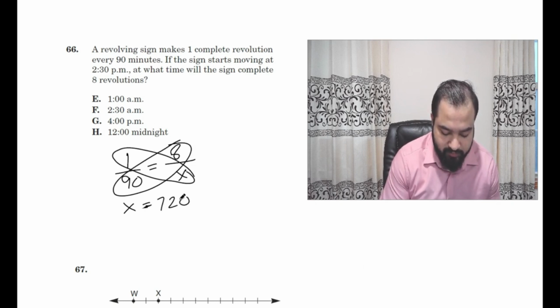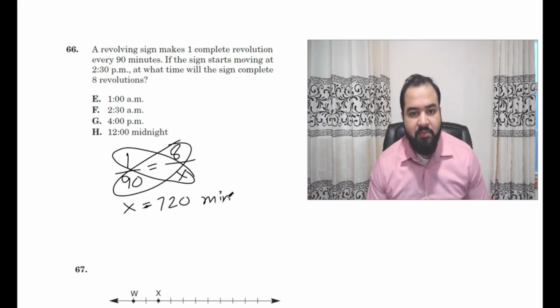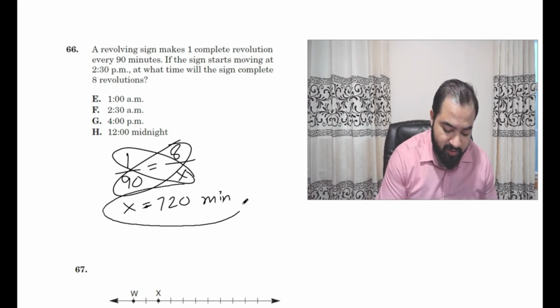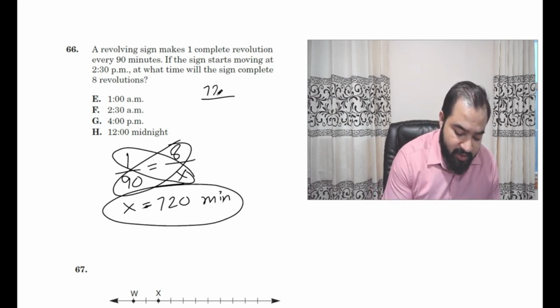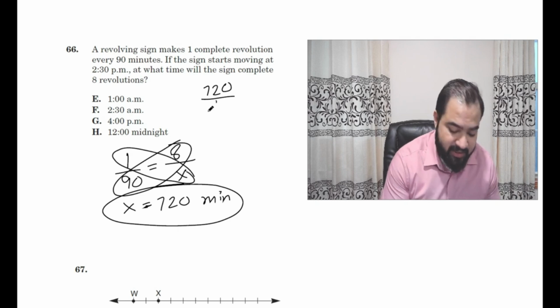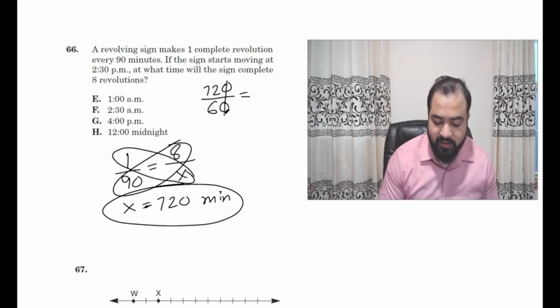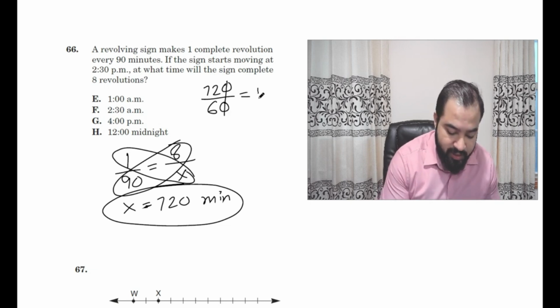720 minutes. But they want the time, like what time it is, so we can convert 720 minutes into hours by dividing 720 by what, guys? 60. So here the zeros cancel out, and that will be 12 hours.